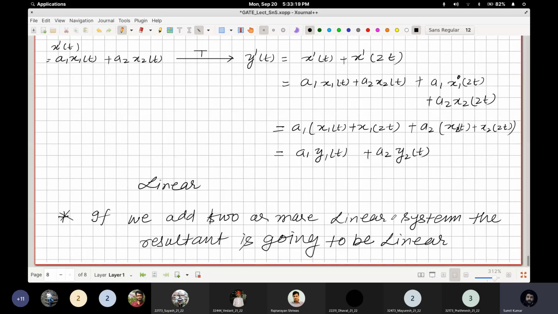And it's not just about adding. I'm saying add, but what I mean is linear combination. You may already know about linear combination. Linear combination means you can multiply with constant terms and add them. So that is also going to be linear only. This is something you have to keep in mind.